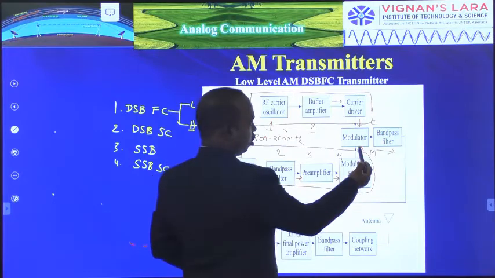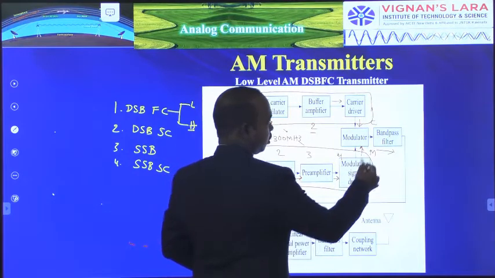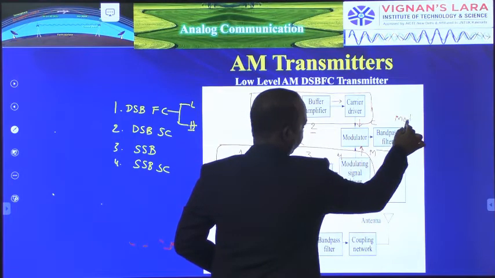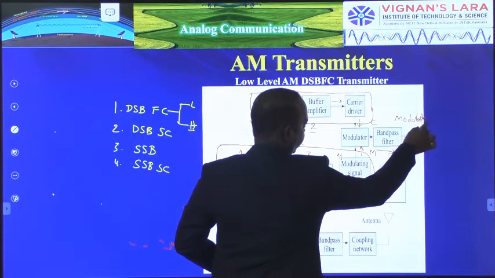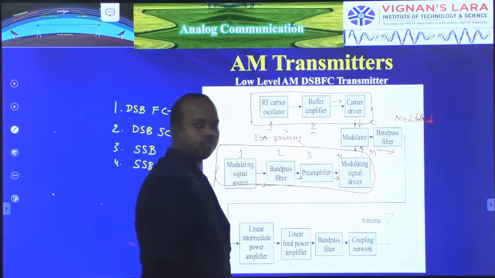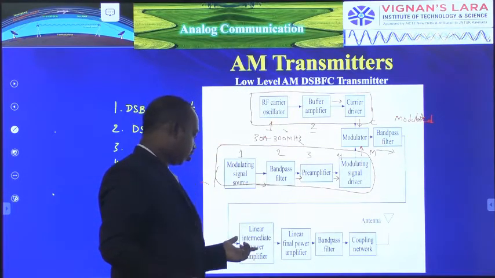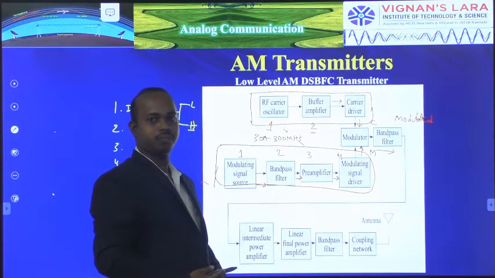Up to here we are calling it the modulator. It's a modulation. After modulation we call it a modulated signal. The modulated signal power is increased by the linear intermediate power amplifier.